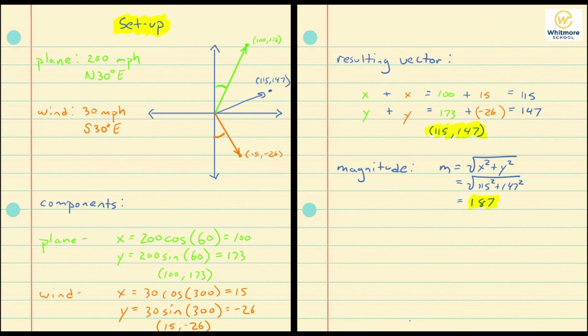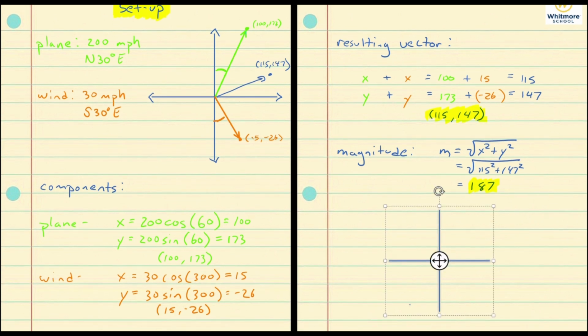Now we can go ahead and wrap this all up by figuring out what the bearing of this resulting vector is. So let's go ahead and draw another coordinate axis, so we don't get our drawings too complicated. And we'll just draw an arrow here to this point.